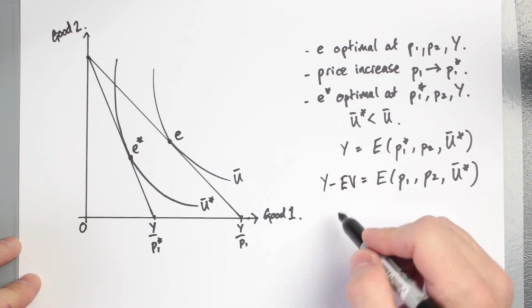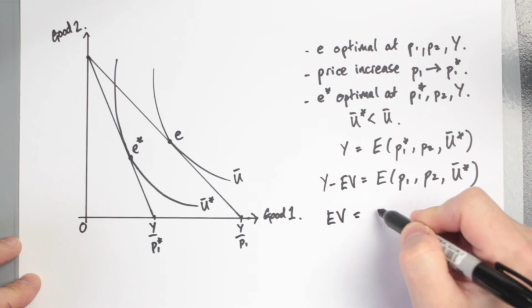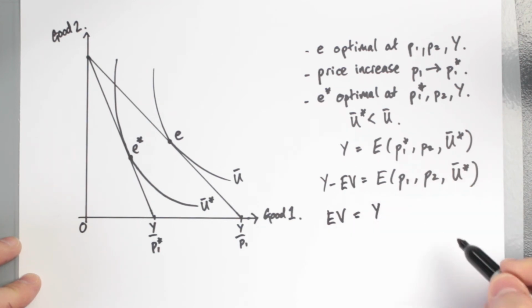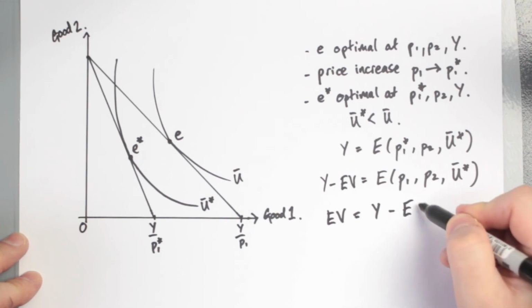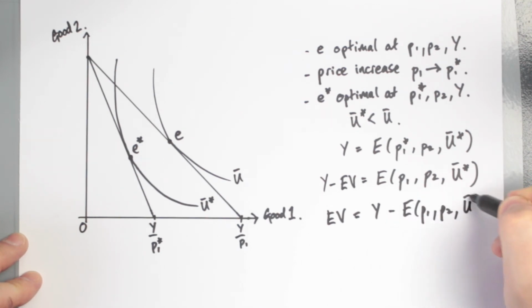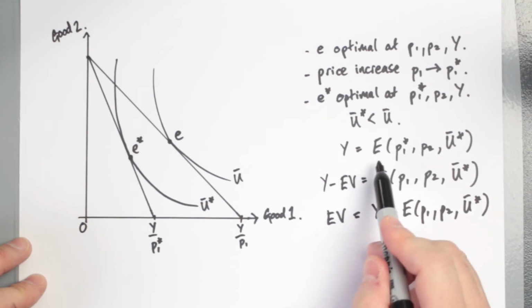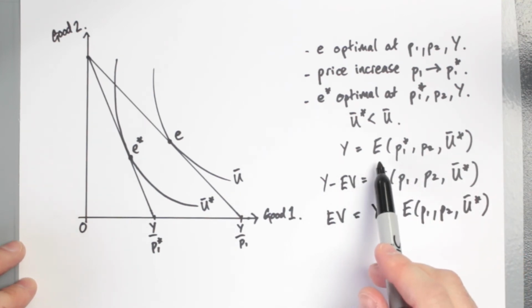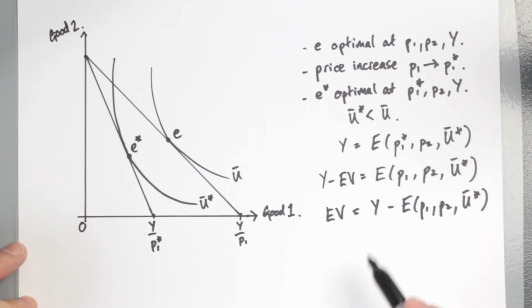We could rearrange this and get equivalent variation in this case is equal to the consumer's initial income minus the expenditure required if the prices had not changed to achieve this new level of utility U bar star. And we know that Y is equal to the precise minimum amount of income or money needed at the new price level to achieve U bar star.